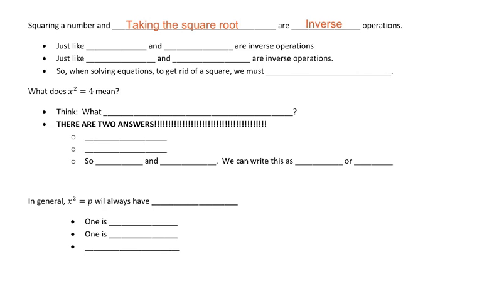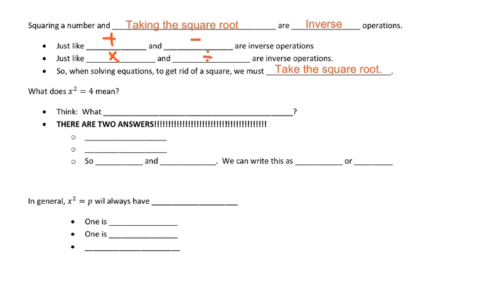Just like adding and subtracting are inverse operations, just like multiplying and dividing are inverse operations, taking the square root is the inverse of squaring a number. So when solving equations to get rid of a square, we must take the square root.